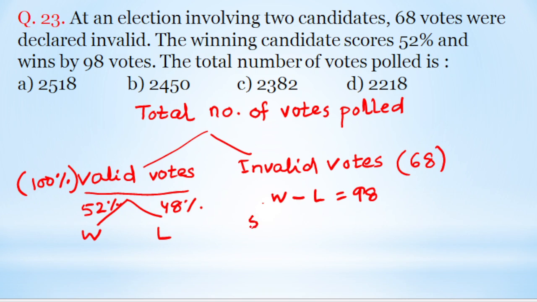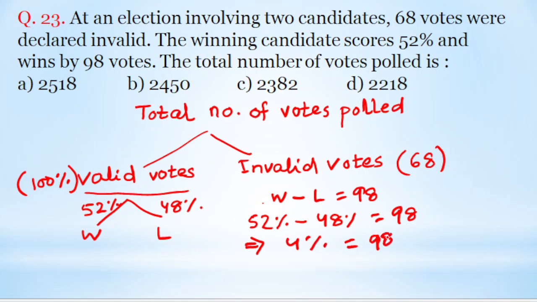Winner gets 52% and loser gets 48%, so 52% minus 48% is equal to 98. This implies 4% is equal to 98, so 1% is equal to 98 by 4.